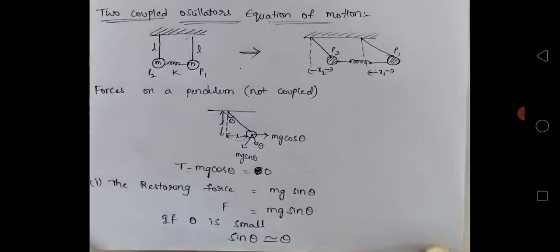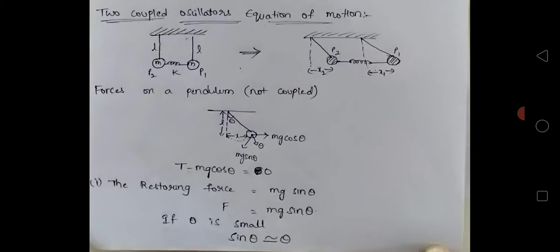Next line is forces on a pendulum, but not coupled. We are taking only one pendulum here. If we take one pendulum, then it will come into motion. Here the angle is theta and L is the length of the string, and in the pendulum there is tension in the string, right?